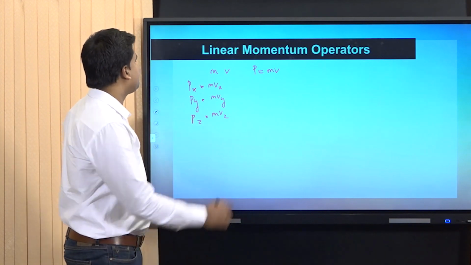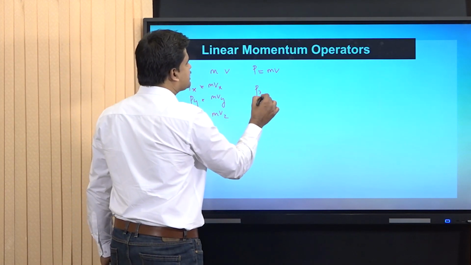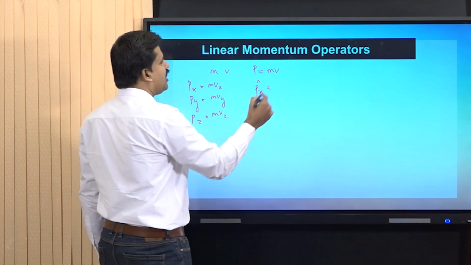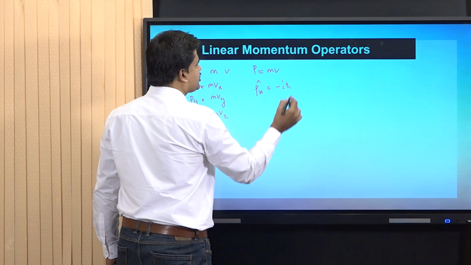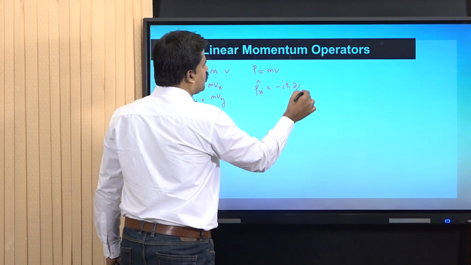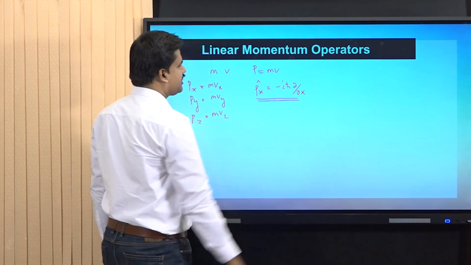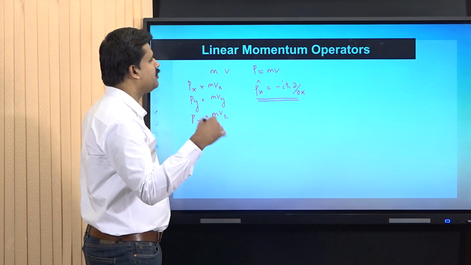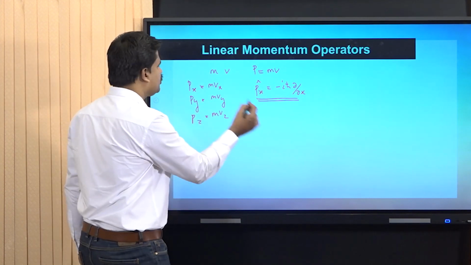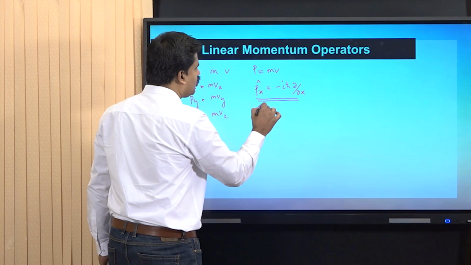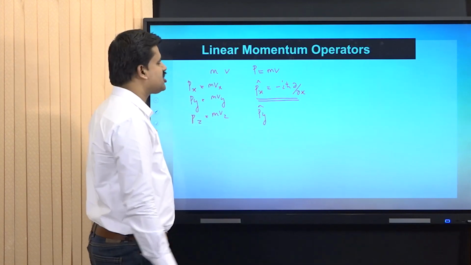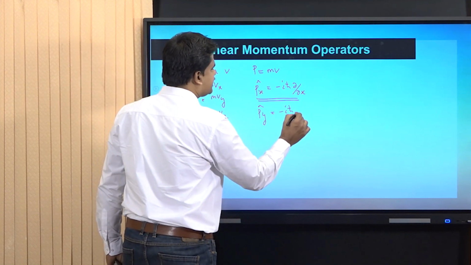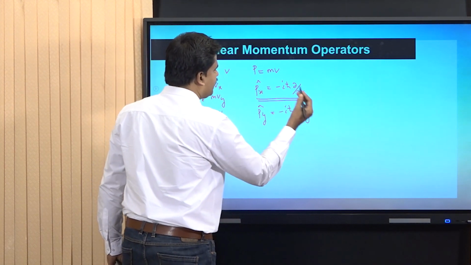So if I wish to write px hat, I have to replace mvx by minus iħ ∂ by ∂x. This is a very important relation. Similarly, py should be replaced by minus iħ ∂ by ∂y to get the operator for momentum along y direction. That is, py hat equals minus iħ ∂ by ∂y.